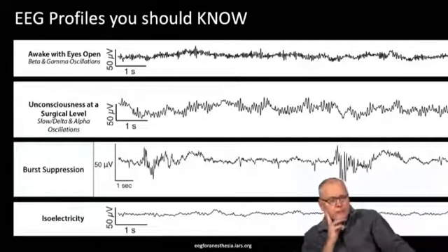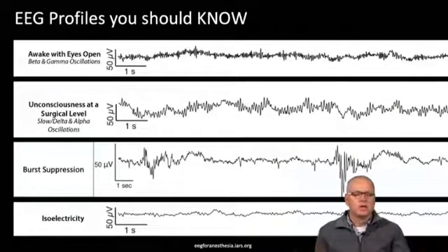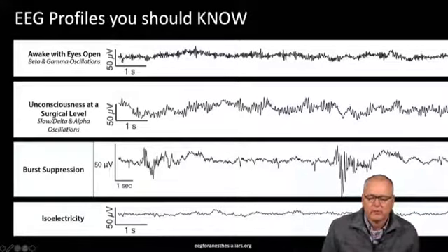Here are some EEG profiles that I recommend everybody just know. They're pretty basic and straightforward. The first one is to be able to recognize a raw EEG of somebody who is awake. Its details are that it has higher frequencies and lower amplitudes, and the brain is really going.